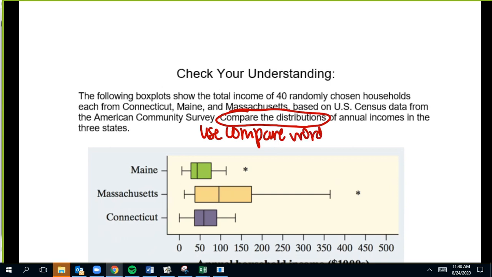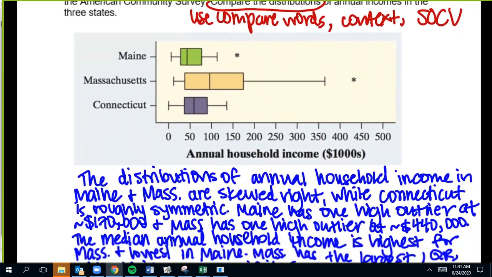You need to have context, and you need to address everything in these 4 acronyms. So S for shape, O for outliers, C for center, and V for variability. So what I did here, and I'm going to underline or check or star all the places that I did. And remember, if you didn't, you need to fix it.